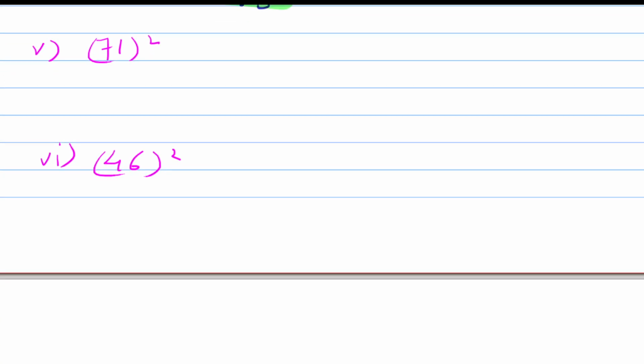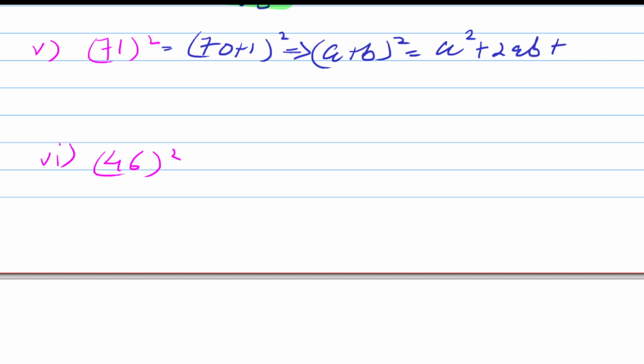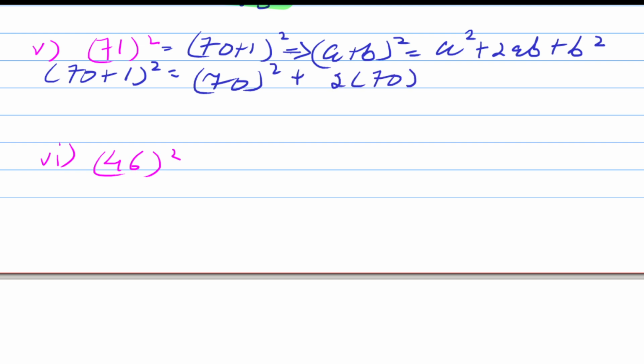Let's go to the last two questions of the exercise. 71 square is 70 plus 1 whole square, for which we will use the identity a plus b whole square, a square plus 2ab plus b square. Let us substitute: 70 plus 1 whole square is equal to 70 square plus 2 into 70 multiplied by 1 plus 1 square.